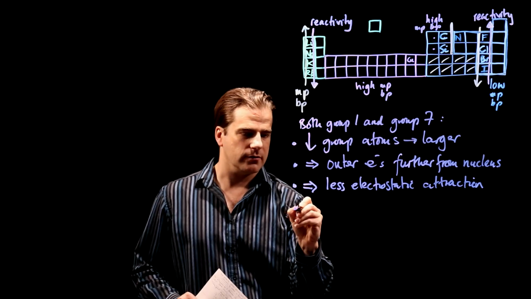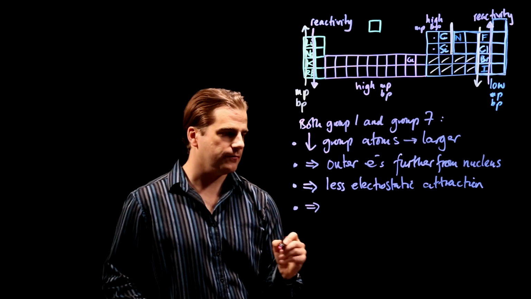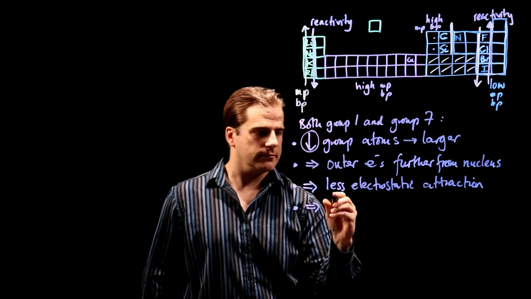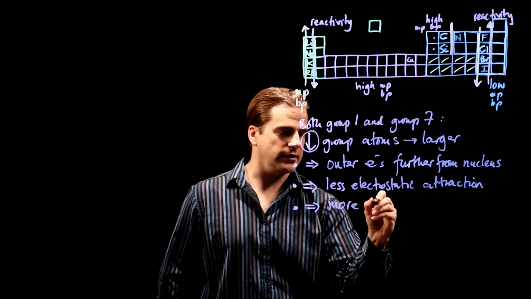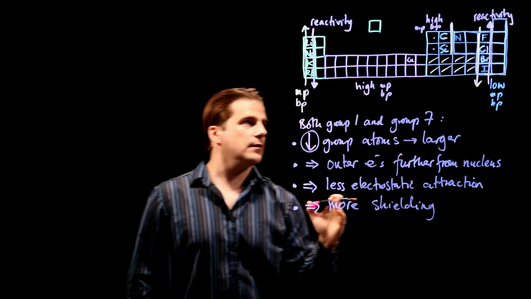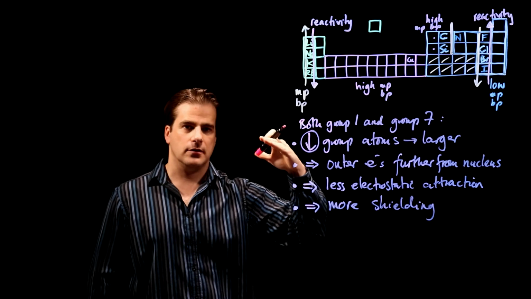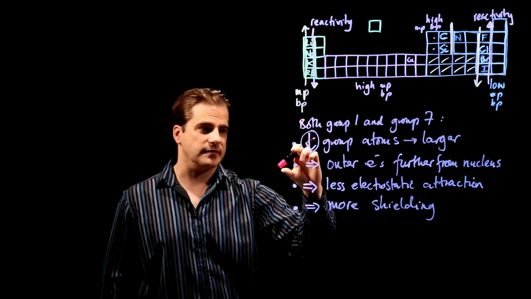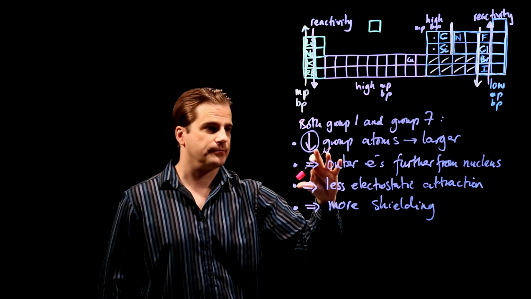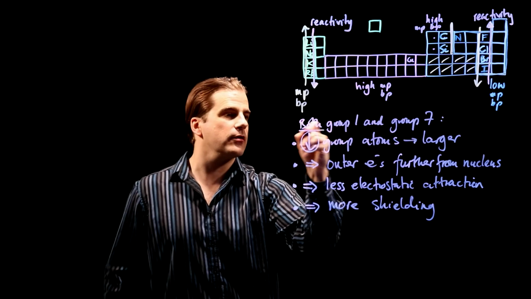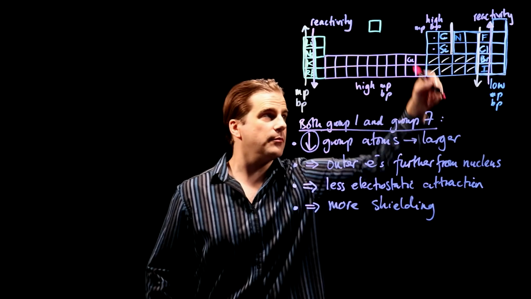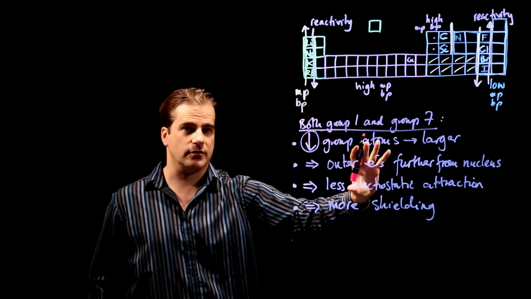And also, you can say, therefore, as you move down the group, there's more shielding. What that means is there are more electrons on the inner shells in between the nucleus and the outer shell electron, and that's called shielding. Okay? So that's true of both group 1 and group 7. As you move down both groups, all these things are true.